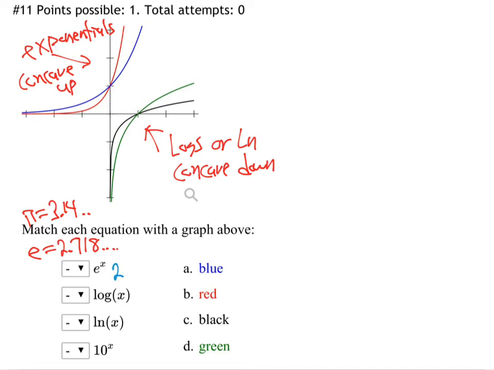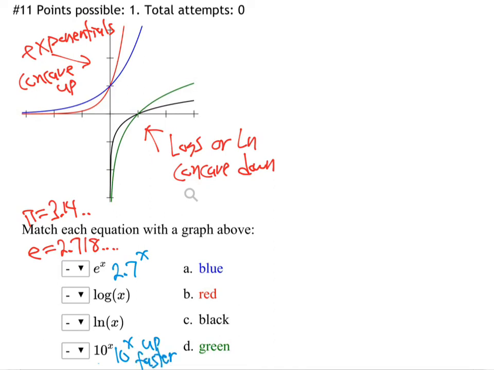Well, this is basically like 2, or 2.7, whatever, to the x. And this guy is 10 to the x. So which one's bigger? Which one's going to go up faster? This guy's going to go up faster. This one's 10 to the x, so it goes up faster.